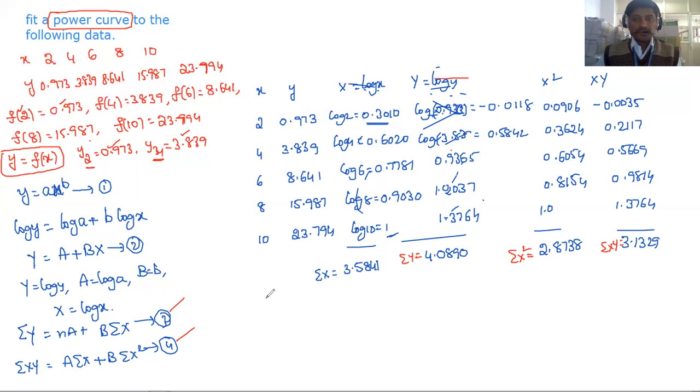Summation Y is nothing but 4.0890 is equal to nA, so n represents 5, so that is 5A plus B summation X, 3.5841 B. Next, summation XY is nothing but 3.1329 is equal to A times 3.5841 plus B summation X square, that is nothing but 2.8738 B.